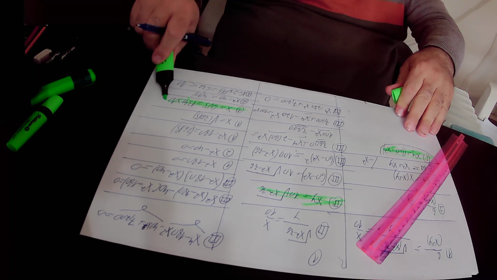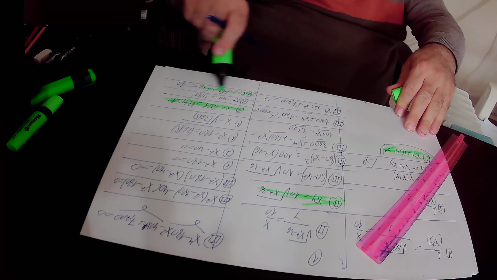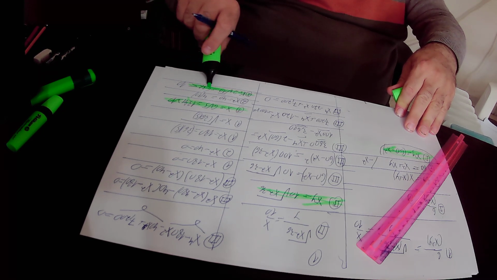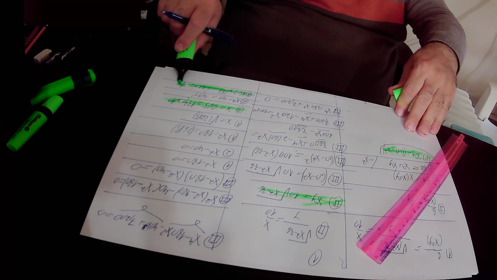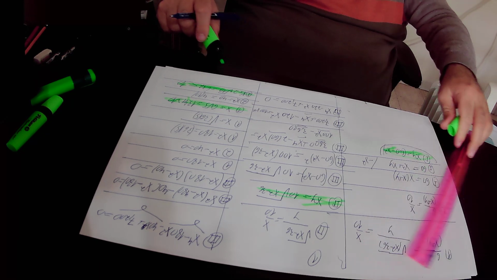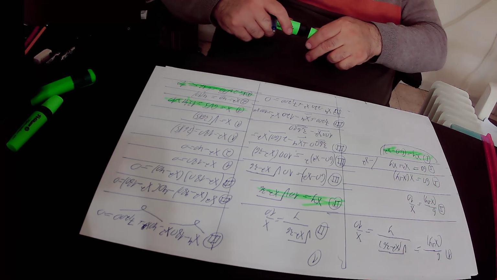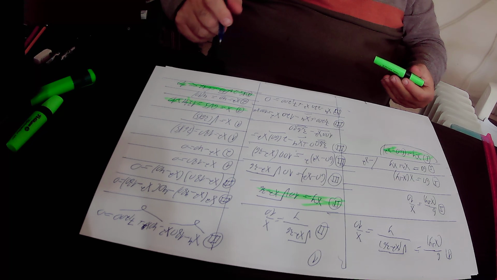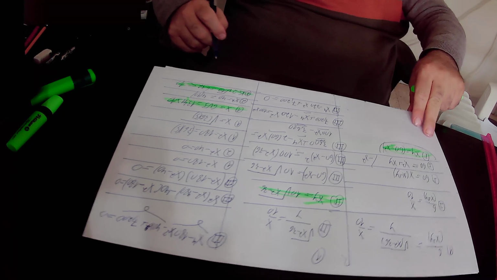Okay, we have two solutions for x. The first solution is x equals 6 times the square root of 5, that is 13.41, that is greater than 10. And the second solution is that x equals 2 times the square root of 10, that is 6.32, that is less than 10 units.